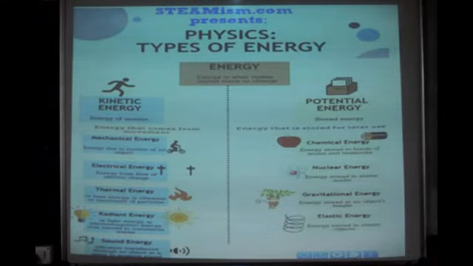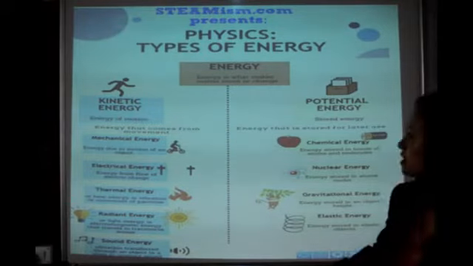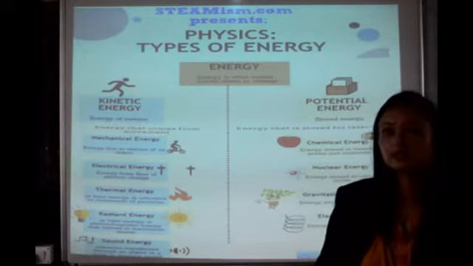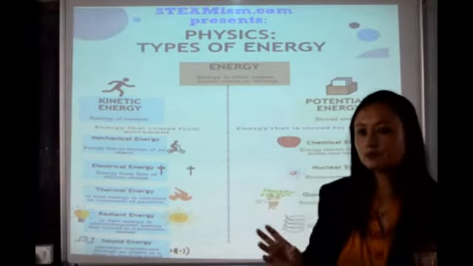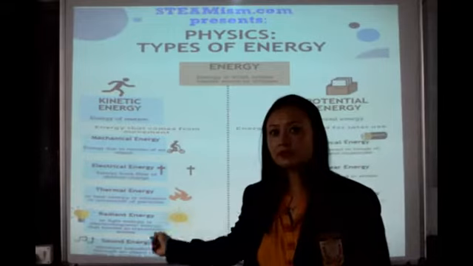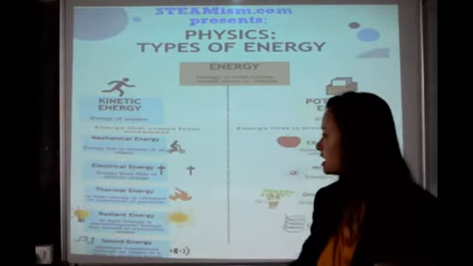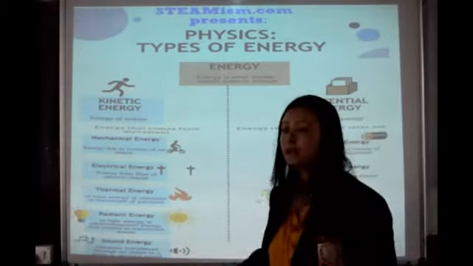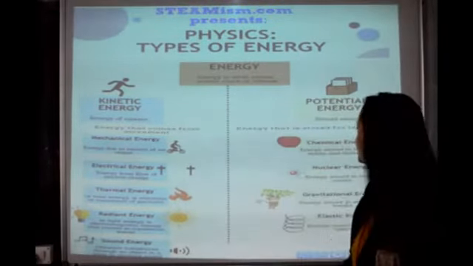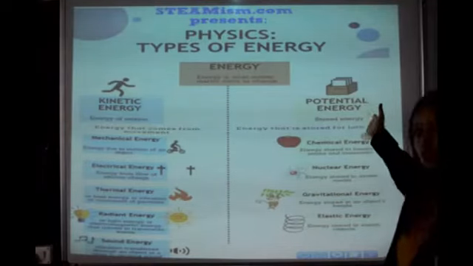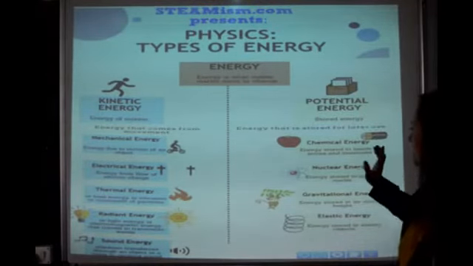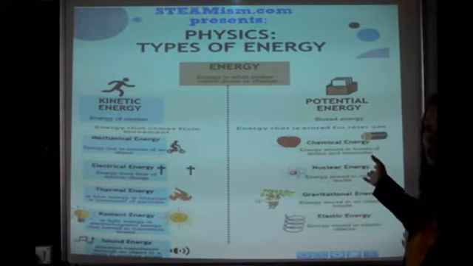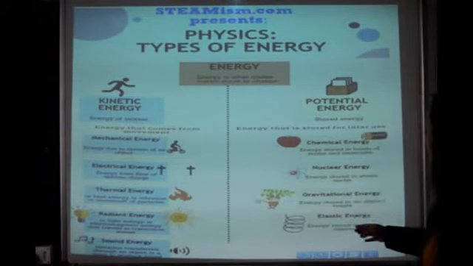You can see the examples here. So what is kinetic energy? Energy due to motion. What is mechanical energy? Due to motion and position. What is thermal energy? Energy due to heat. Radiant energy because of the light. Sound energy by the vibration of the particles. Potential energy is also a stored energy, and chemical energy is also a stored energy. Nuclear energy is also a form of stored energy.